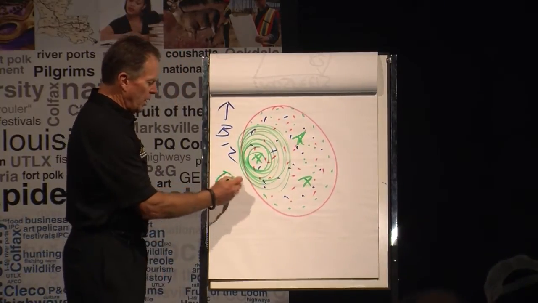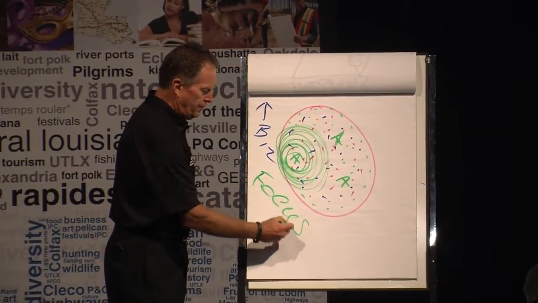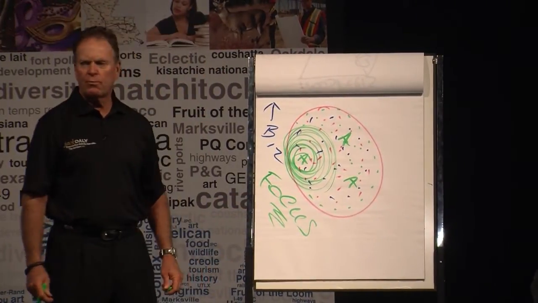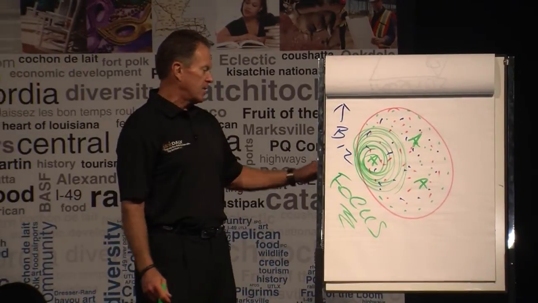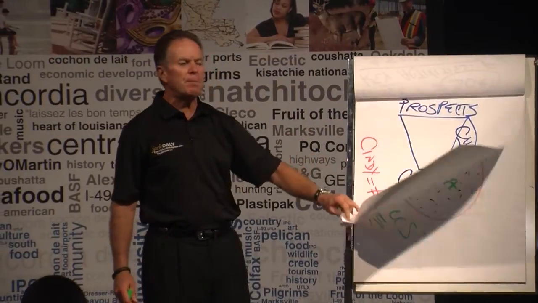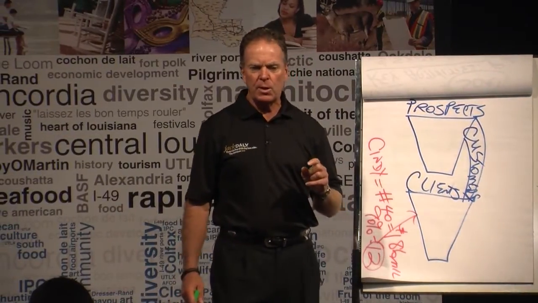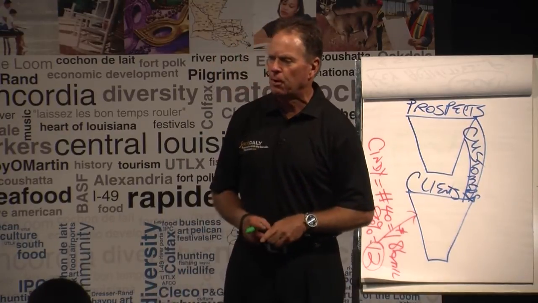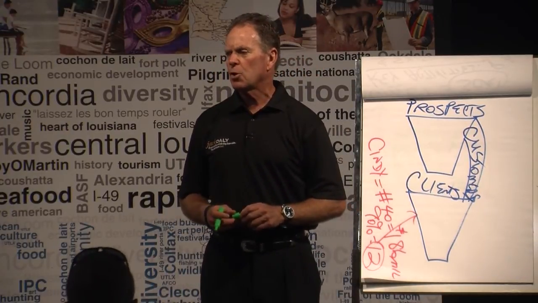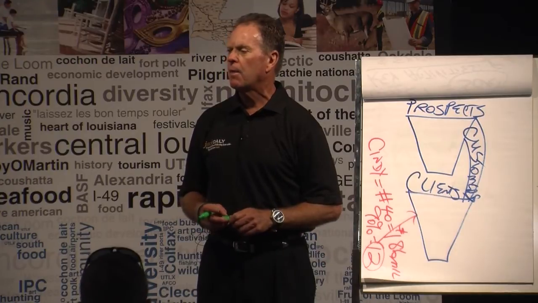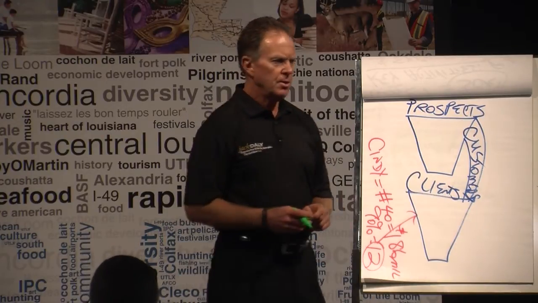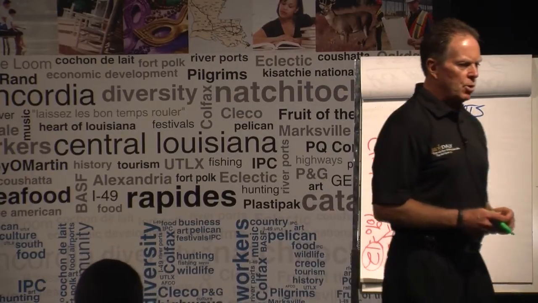And so the word that we like to use is a word called focus, because focus precedes success. And the system and process that we use to get salespeople better focused is a process called inspect the baskets. And I'm going to show you how that works right now.